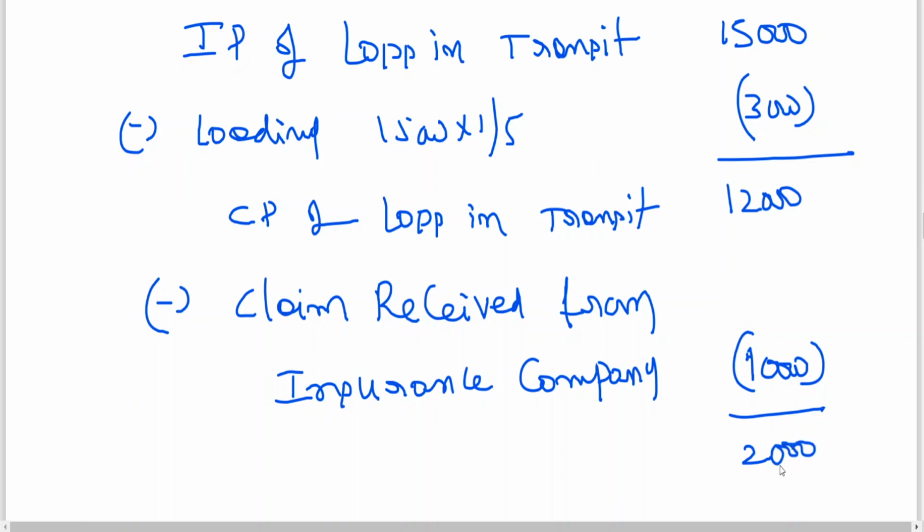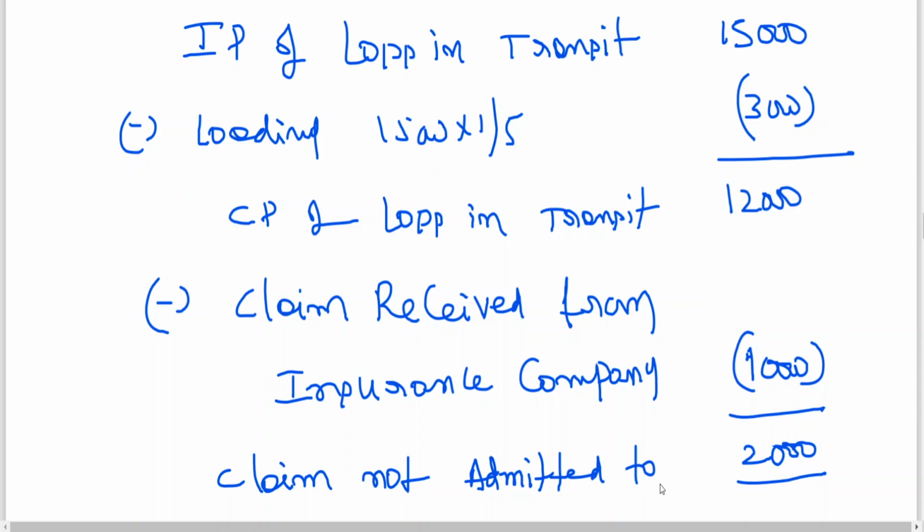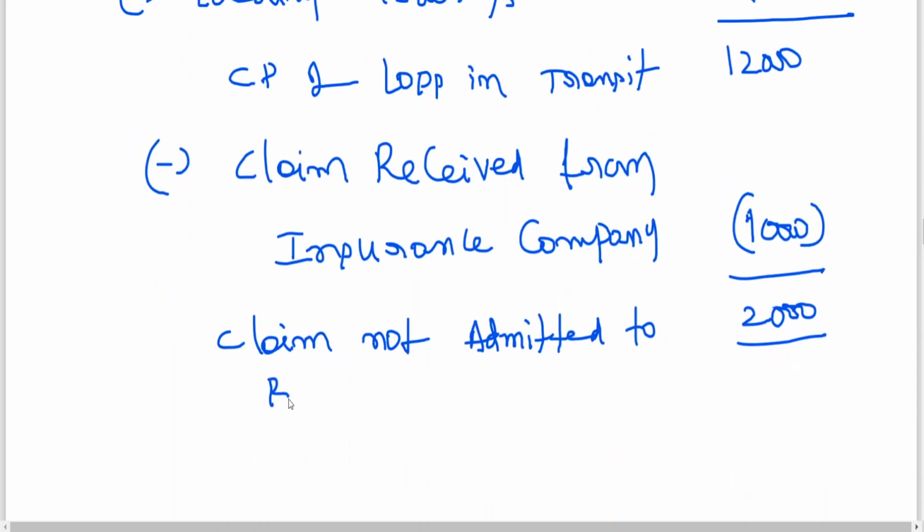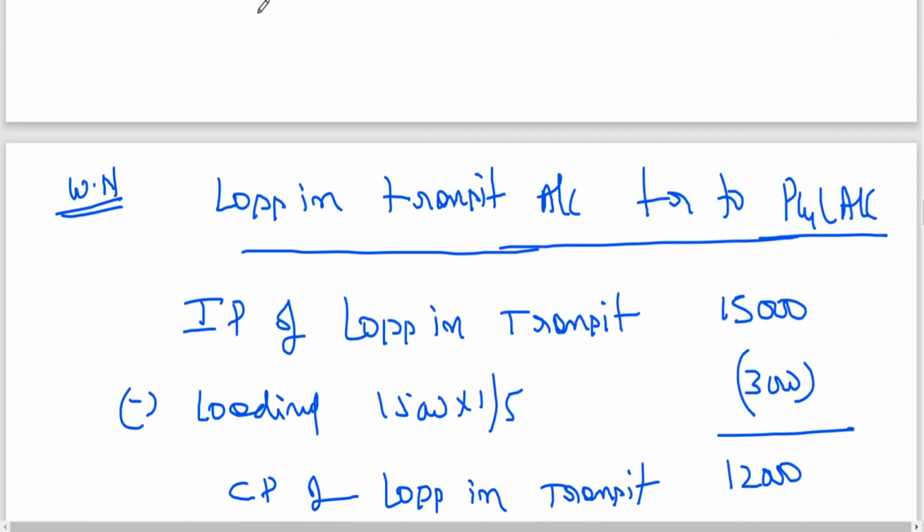Therefore, claim not admitted, to branch P&L account, 2,000. Working notes number 1 I am writing.